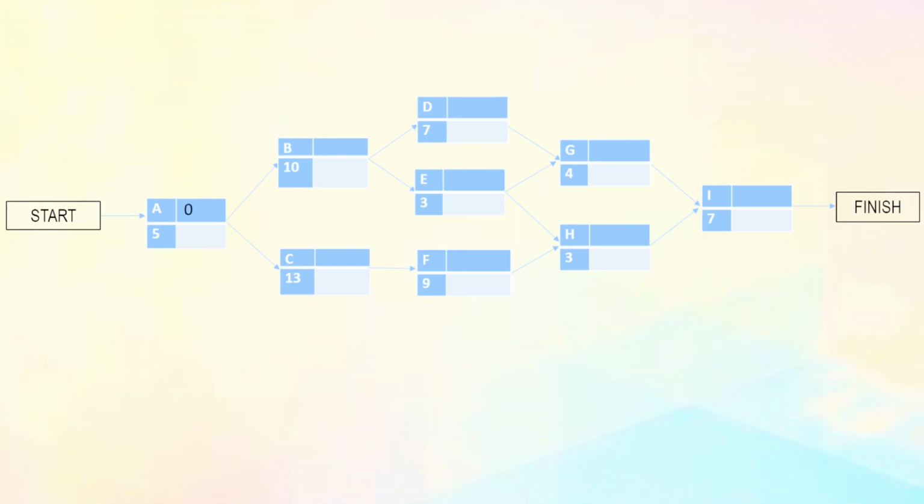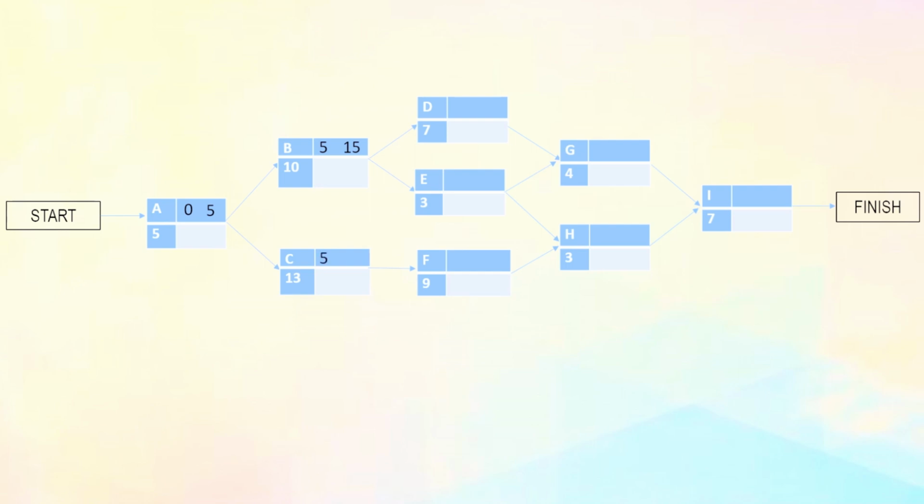So here is the network with the activity nodes displaying the letter and time. So let's do the forward pass. A has no predecessors, so its earliest start time will be 0, or right away. Since it has 5 days to be completed, its earliest finish time will be 0 plus 5, which gives 5.